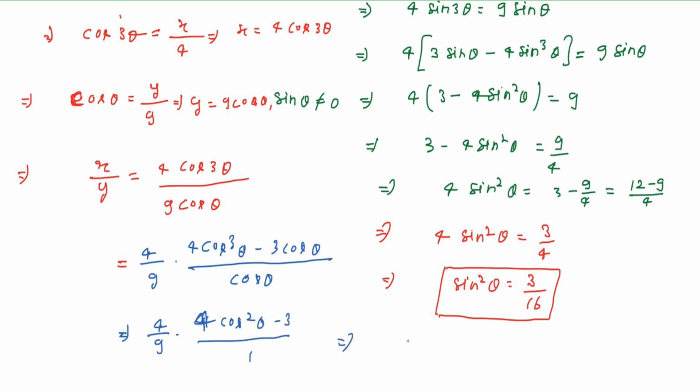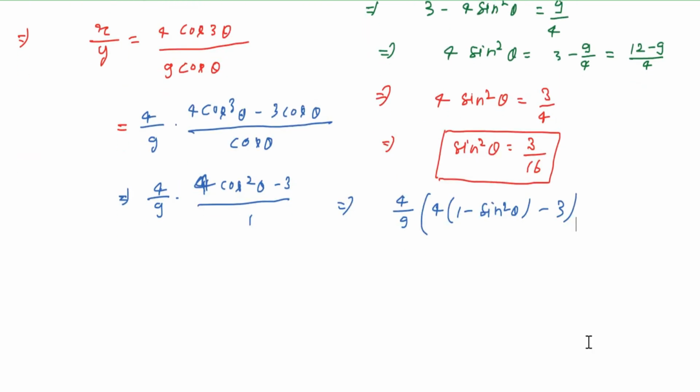So from here we can write 4 divided by 9, and here we will be using the identity that cos square theta can be written as 1 minus sine square theta. So from here we can have 4 times 1 minus sine square theta minus 3.